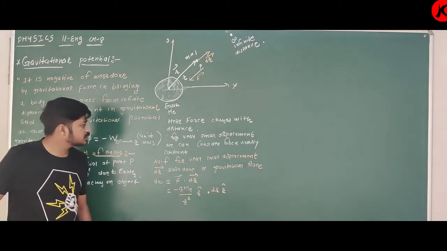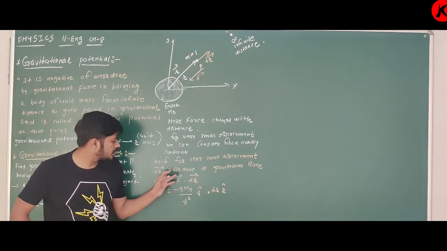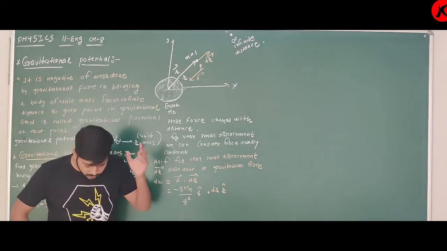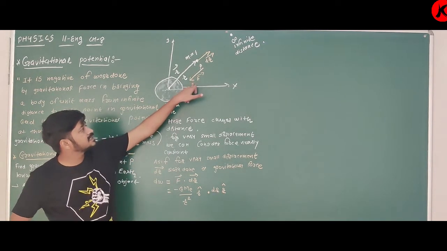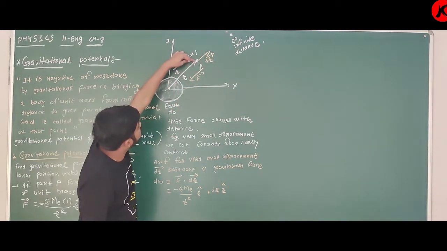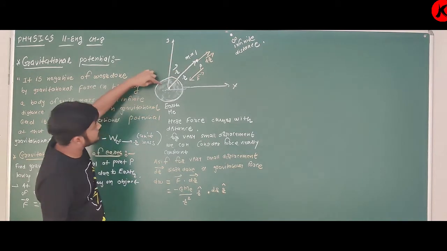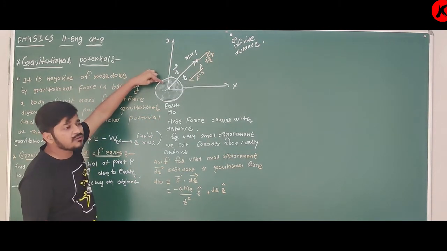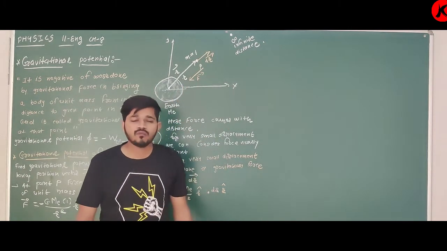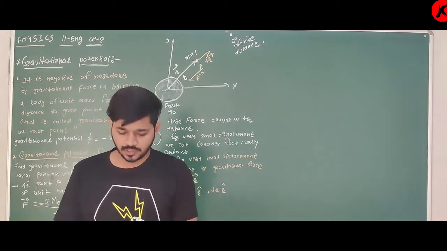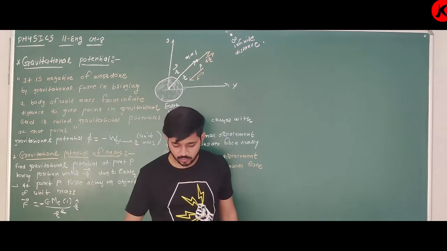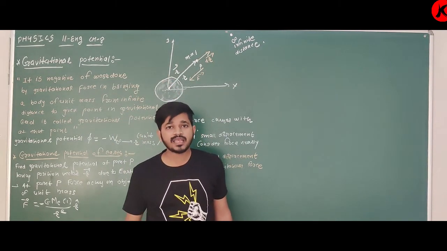Now you may ask me one question: sir, why work done? Because the work is done against this gravitational force. Due to gravitational force, this object moves towards Earth. But if we want to move that object away from Earth, obviously we have to do some work. If I drop this chalk, it is attracted towards Earth by itself.